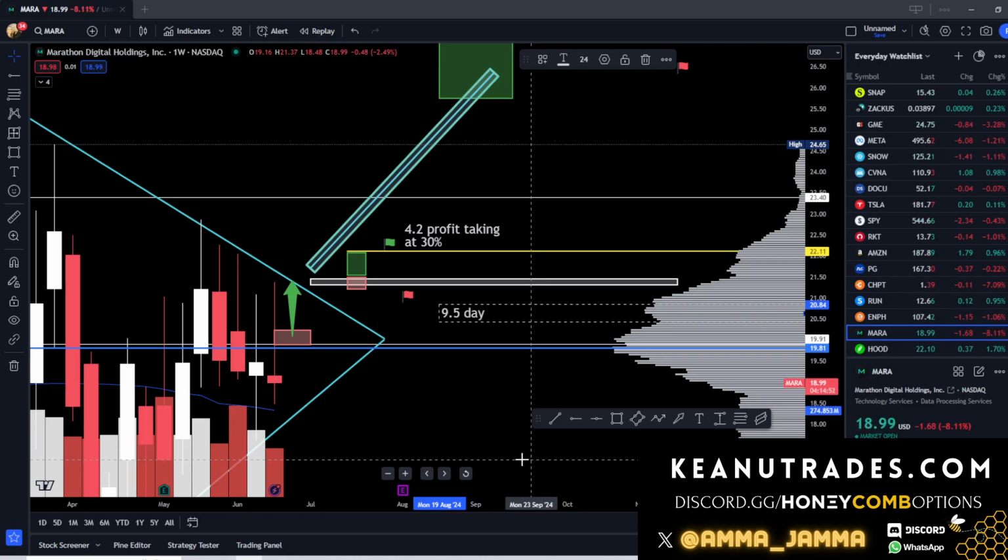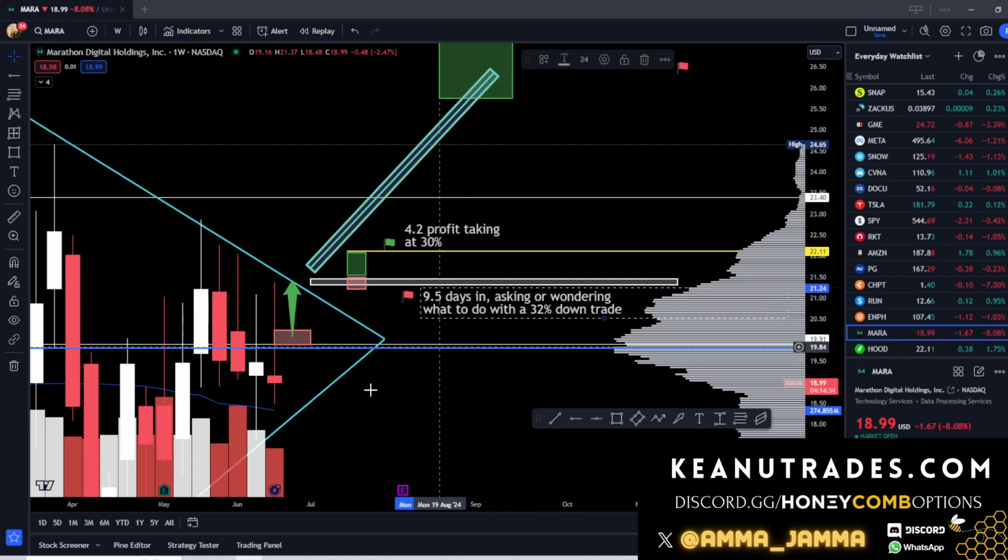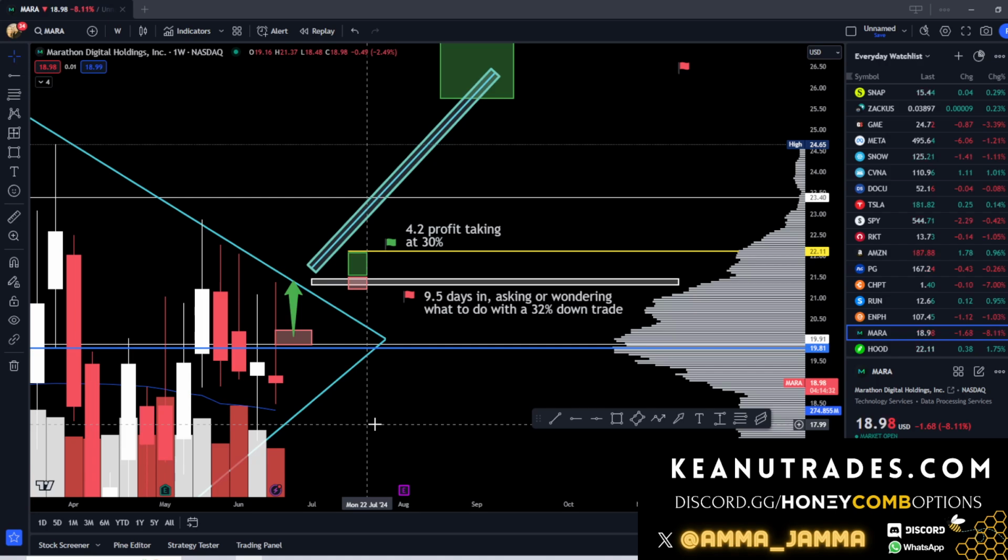9.5 days in, asking or wondering what to do with a 32% trade. And it's not even if you ask. Even if you're the person that'll never ask because you know better, because we're going to tell you, like, what was your trading plan, this, that, the other. But you're still holding them secretly and kind of a little shame to yourself that you did hold it and it didn't work out your plan.